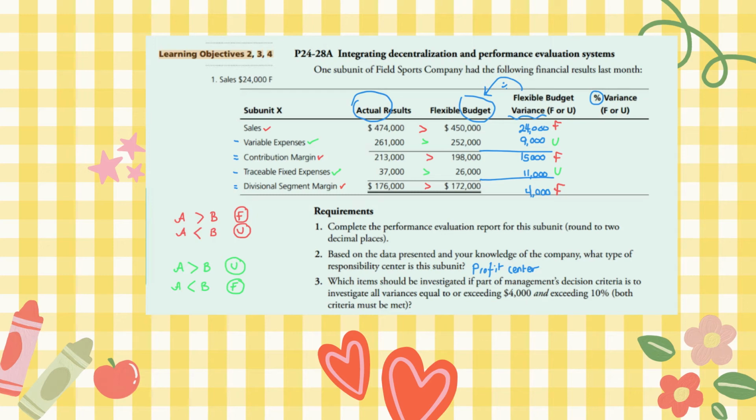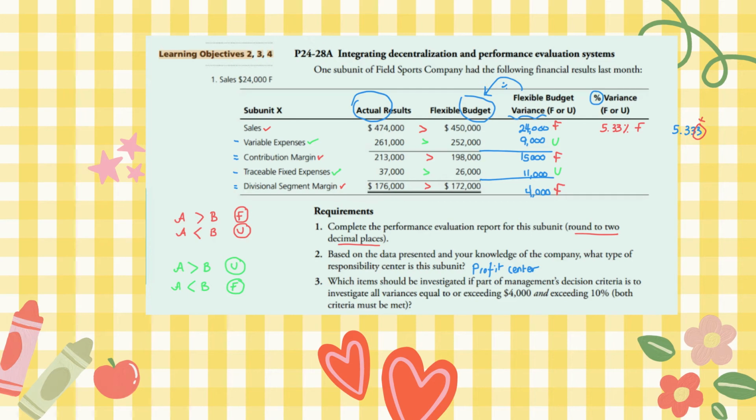So your answer is 5.333. He said I need to round it to 2 decimal places. So I need to look at the third one. Is it 5 or greater than 5? No. So my answer will be 5.33%. And it's going to be also favorable as the variance.